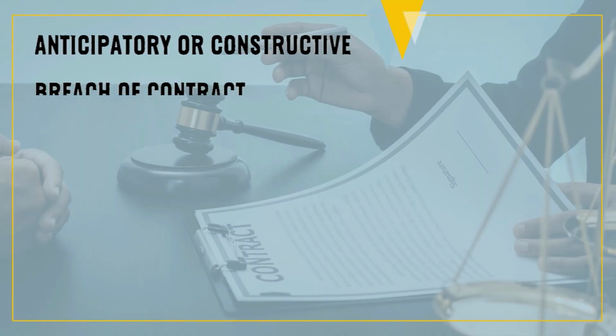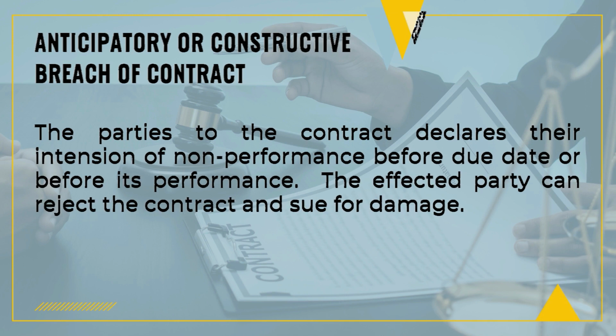Here the parties to the contract declare their intention in advance to the opposite party, saying that they are not interested in performing the contract. So when they are not interested in performing the contract, the aggrieved party has the right to reject the contract and to claim for damages.